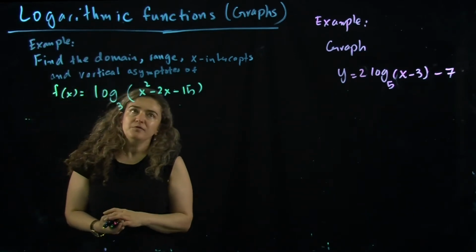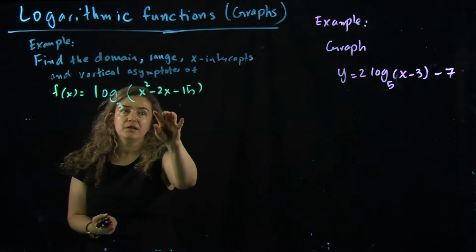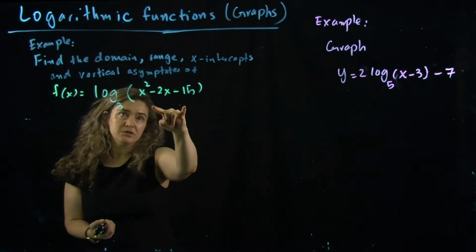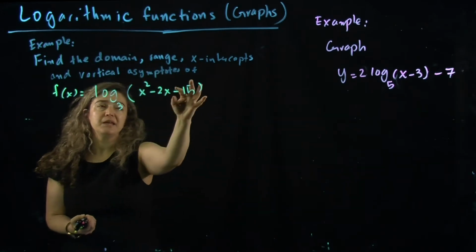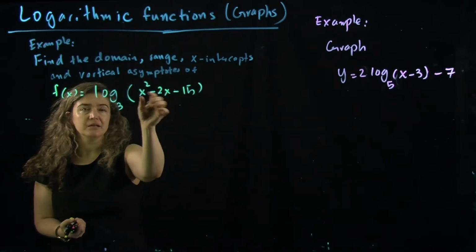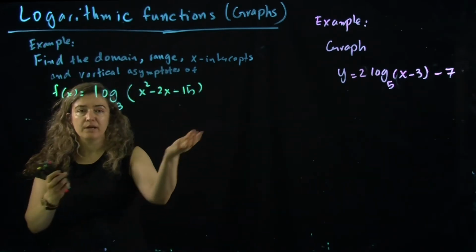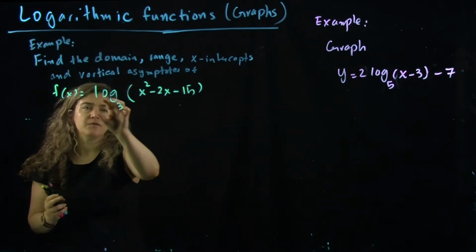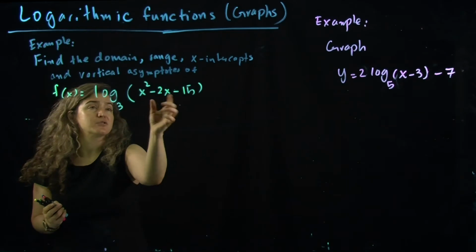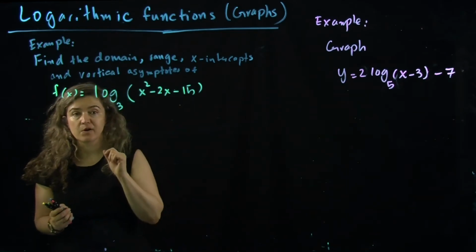To be able to find the domain of the function, what you need to do is figure out what makes the inside of the log positive, because right now it's a composition function: log base 3 is outside, and then inside is another function.